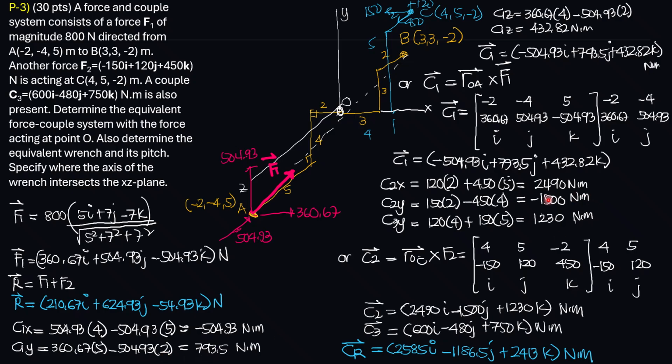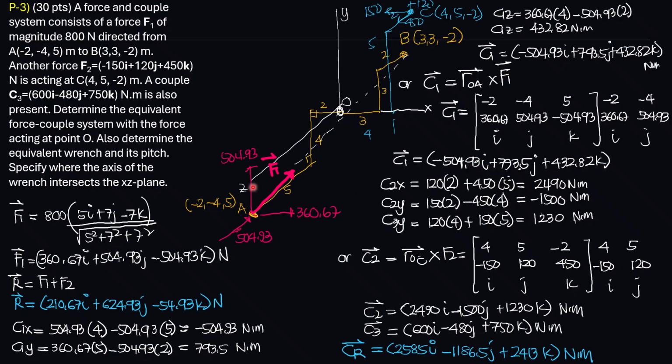So 793.5j. Then for k, negative 504.93 times 2, this one. Then minus, this is negative, so plus 360.67 times 4. So no doubt C sub 1 is indeed equal to this.